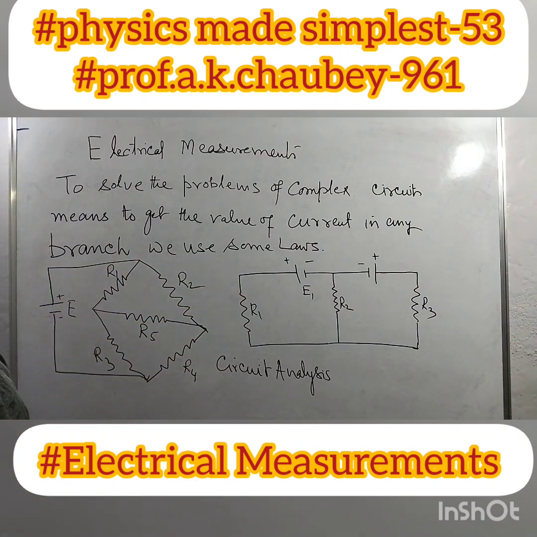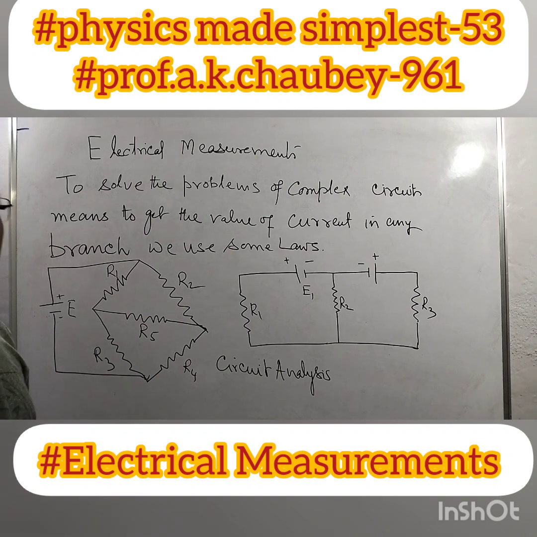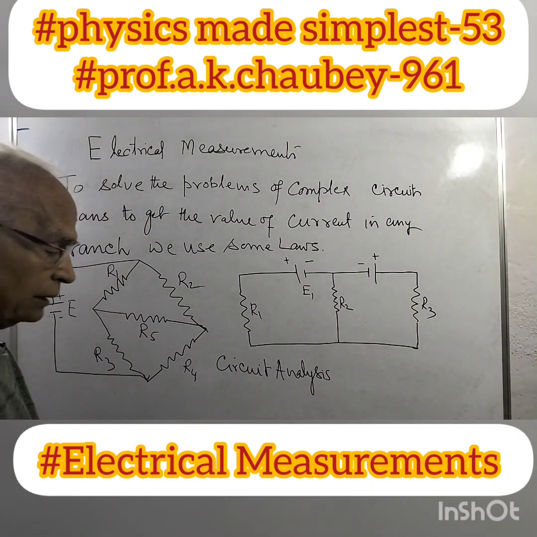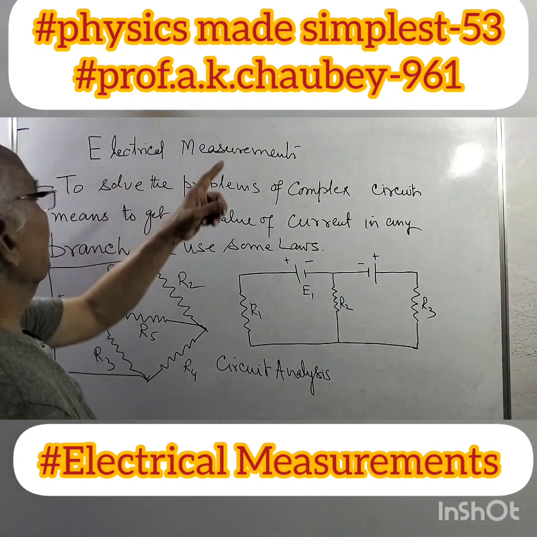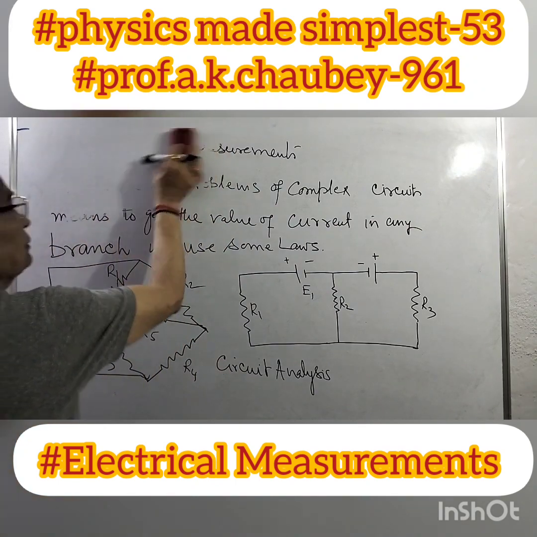This is simple, not complex. So we can solve this circuit, means we can find out the current in a different branch using some other special laws, and Ohm's law is not sufficient for this type. That is why I said that for electrical measurements, to solve these problems, we need something more.